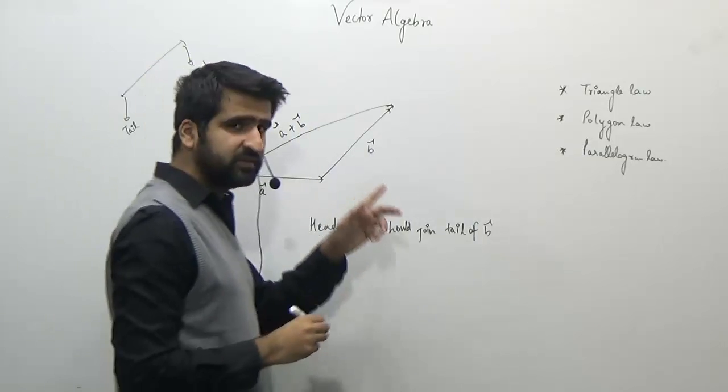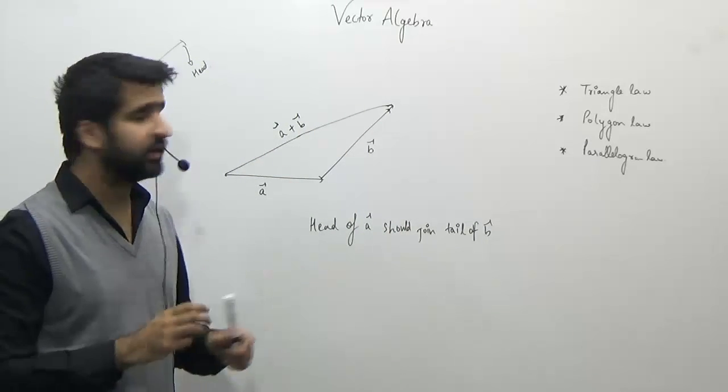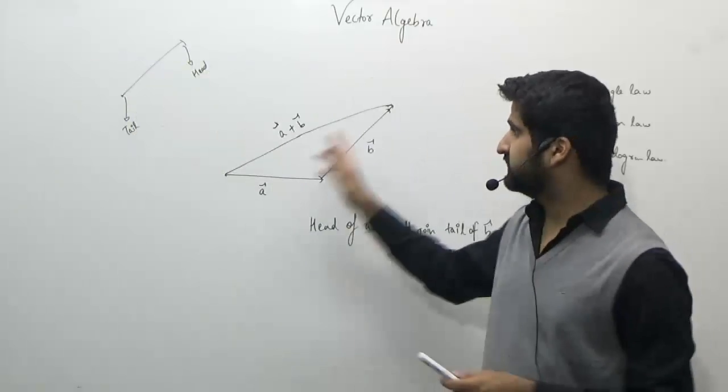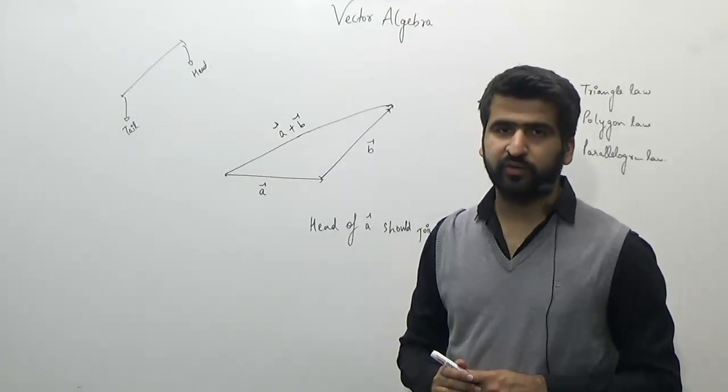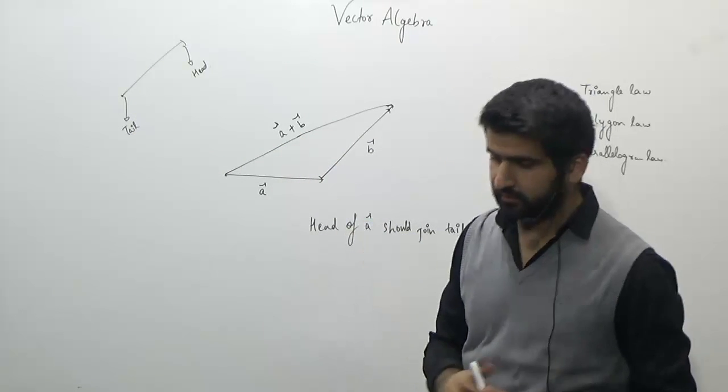If two vectors are getting added, the third side of the triangle formed by these two vectors gives us the addition of the two vectors. This represents the sum of A vector and B vector.